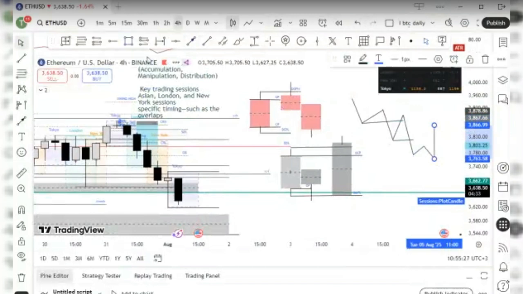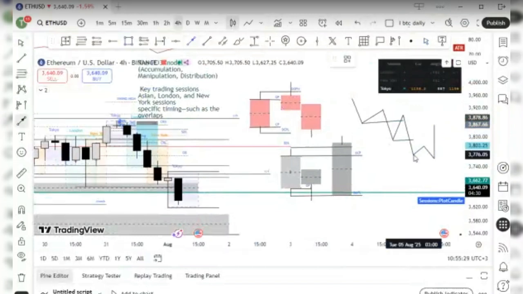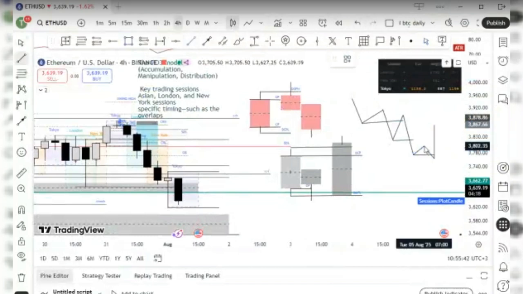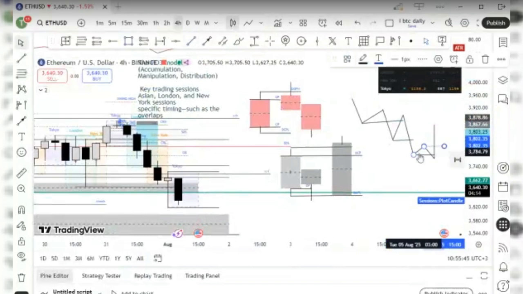So this was our liquidity. This was our last change in price, but we didn't see a continuation. Then we saw something like this. So what do we say? We say this is our first change in price.